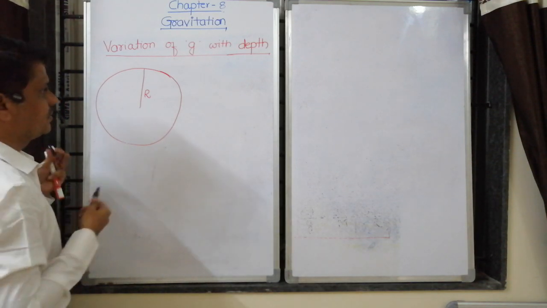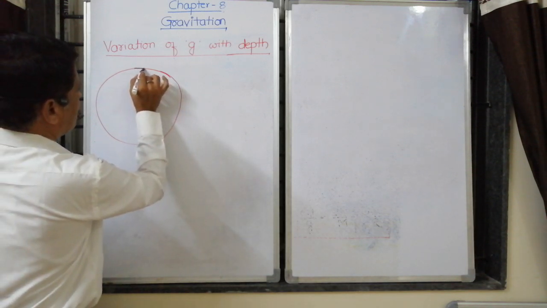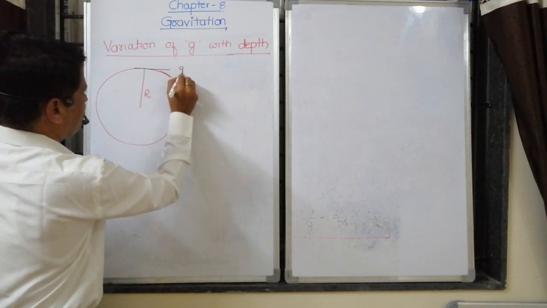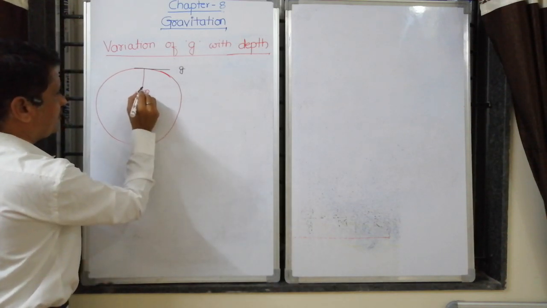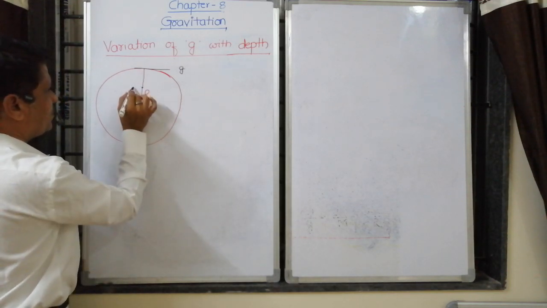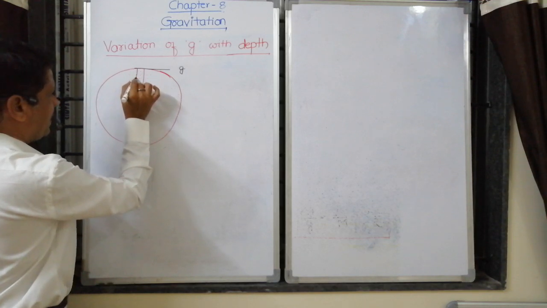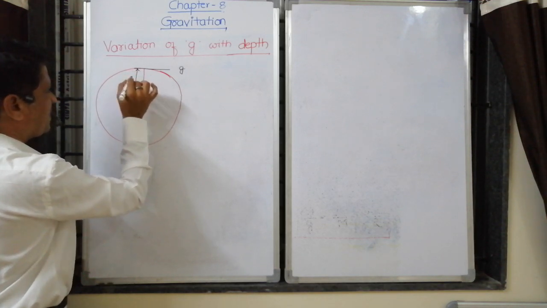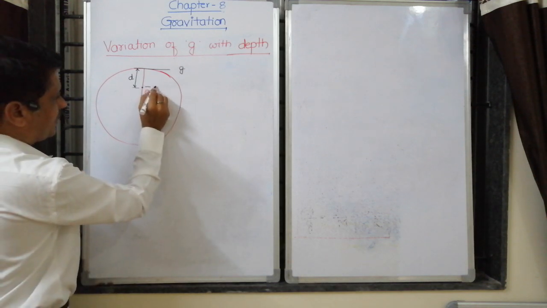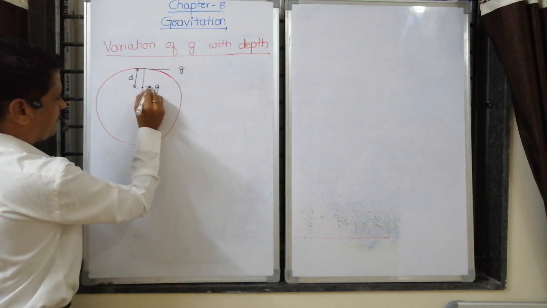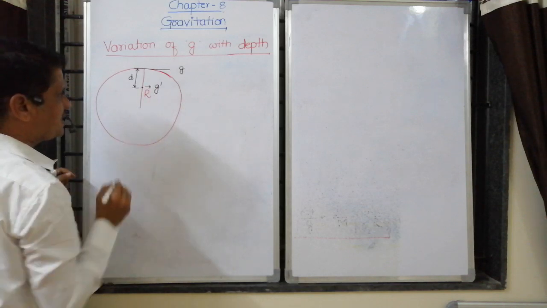As you know, here on the surface of the earth, acceleration due to gravity is g. Today I want acceleration due to gravity at a depth. Depth means distance from the surface of the earth is d. Today we want g, how much is it here? I'll consider it as g dash.